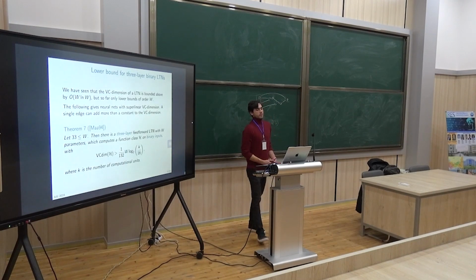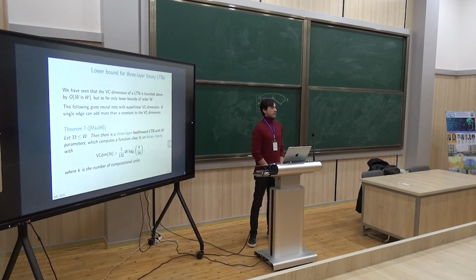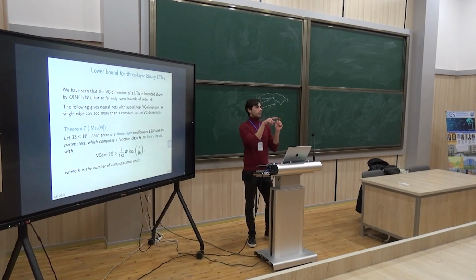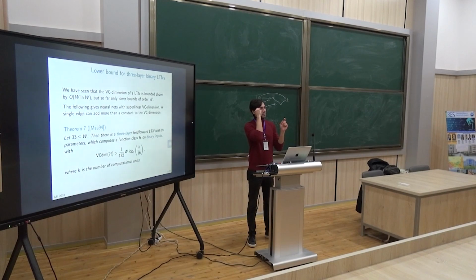Right. Well, we're producing a lower bound on the VC dimension, and if this happened to be linear, then that would mean you have a constant C times W being the VC dimension.